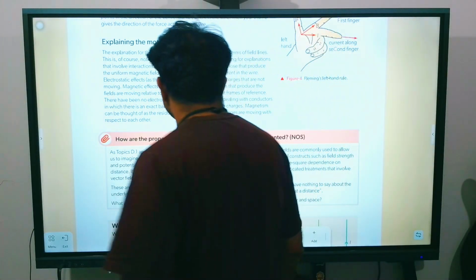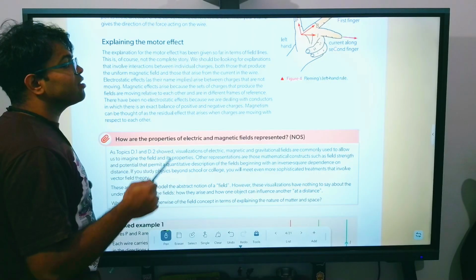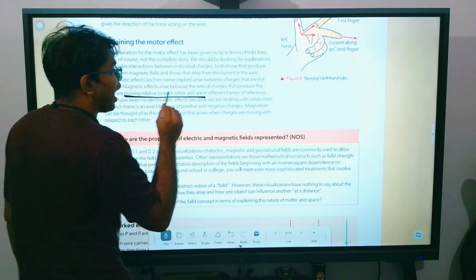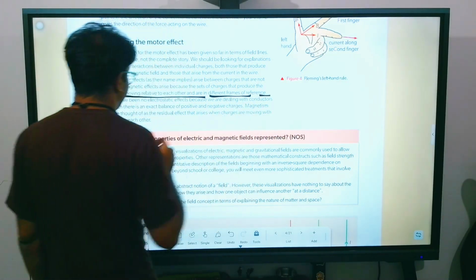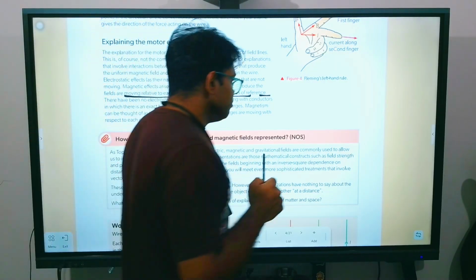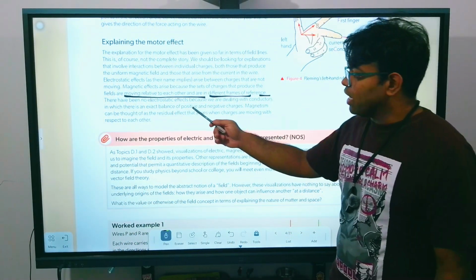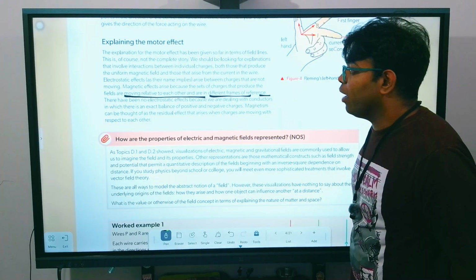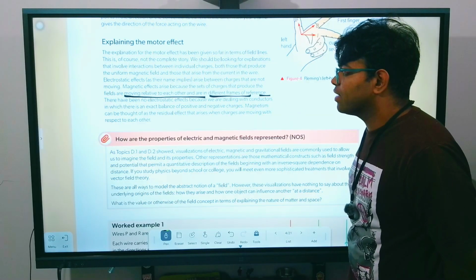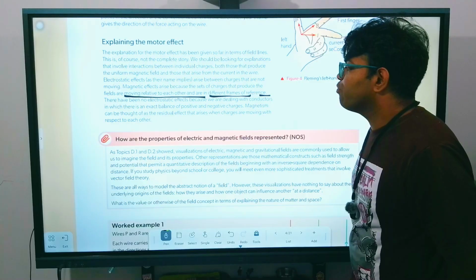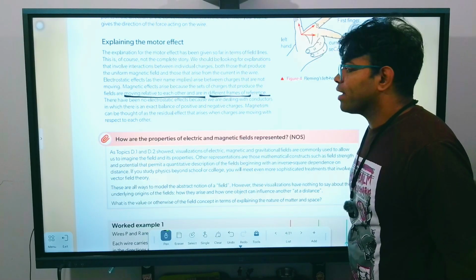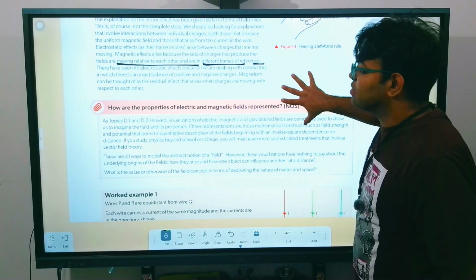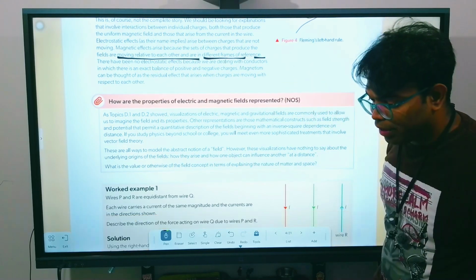Magnetic effect arises because the set of charges that produce the field are moving relative to each other and are in different frames of reference. There has been no electrostatic effect because we have been dealing with conductors in which there is an exact balance of positive and negative charge. Magnetism can be thought of as the residual effect that arises when charges are moving with respect to each other.